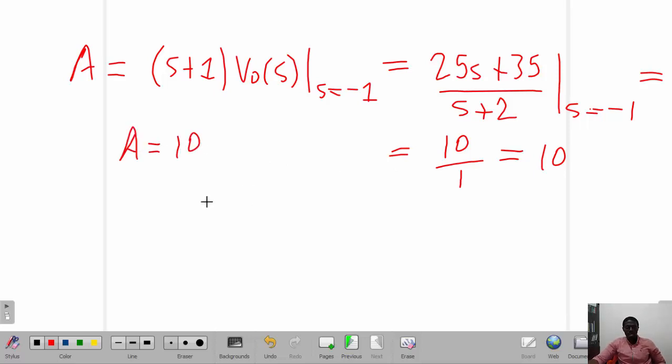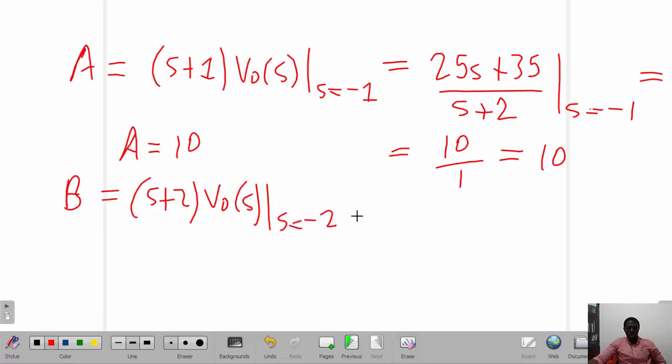And then we get B in a similar way. So our B is equal to s plus 2 times V naught of s, when taking s equal to minus 2.